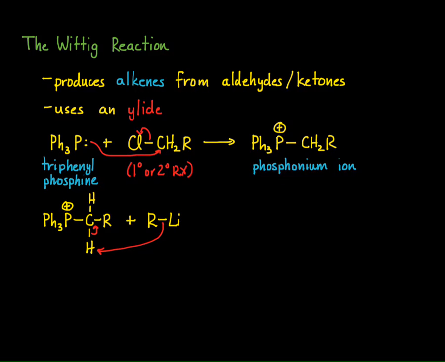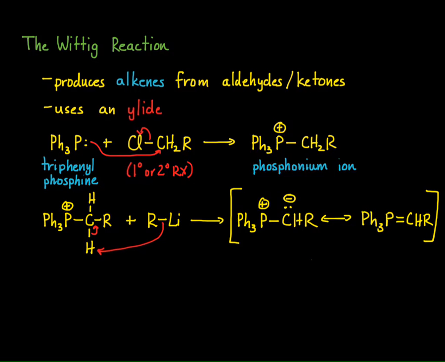So we still need a strong base like organolithium, and it will remove that proton, and it generates this species, where the phosphorus has a positive charge, the carbon has a negative charge on it, and the pair of electrons reside on that carbon.